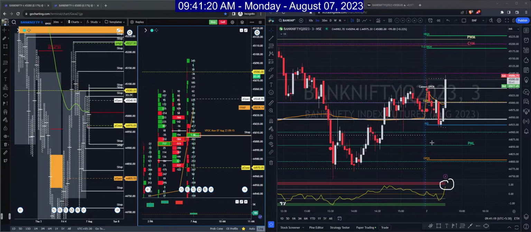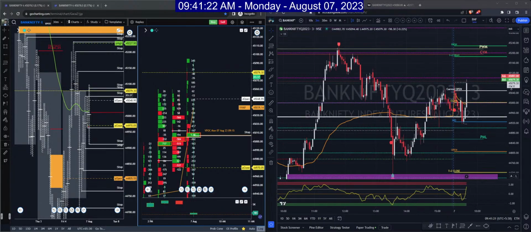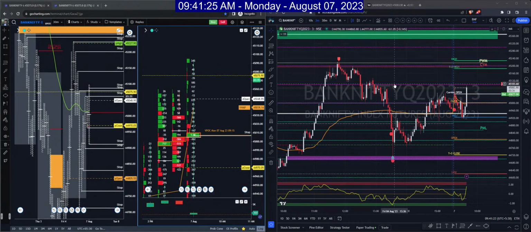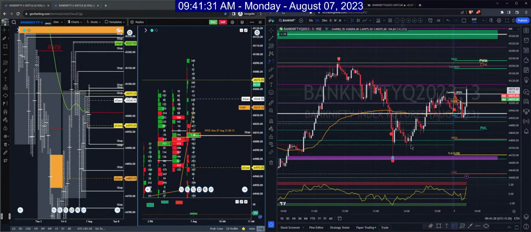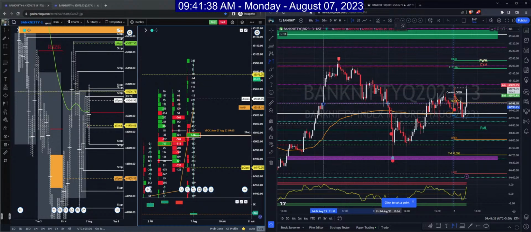And from the basic price action, 45,200 and above, 100 and 200 is where sellers are present. And this is their cost basis.